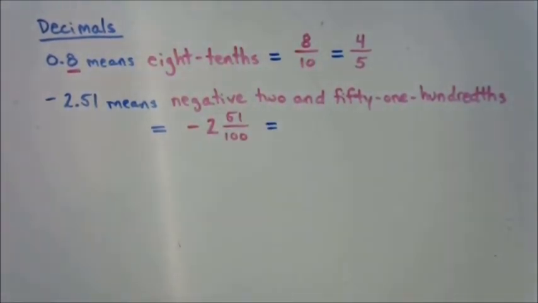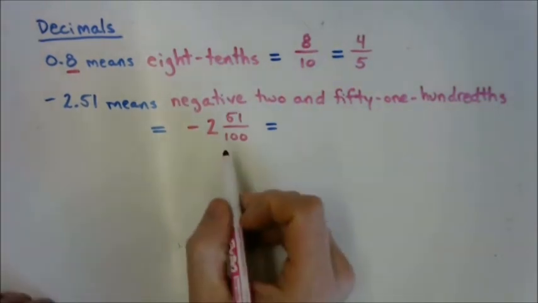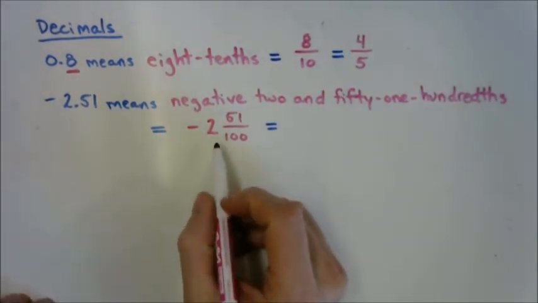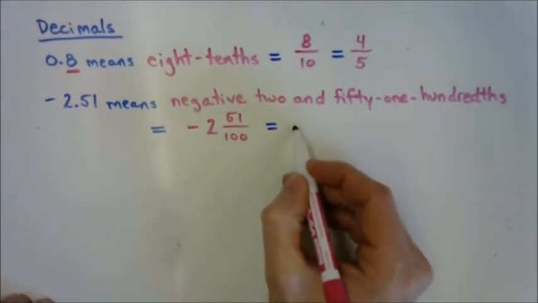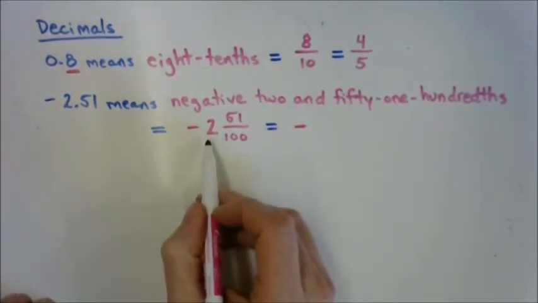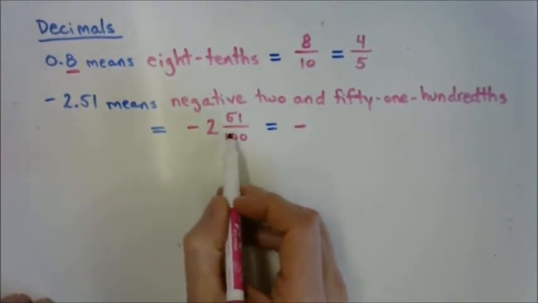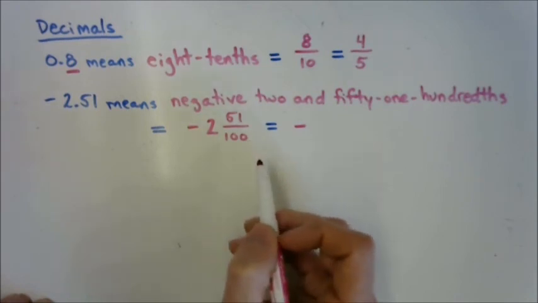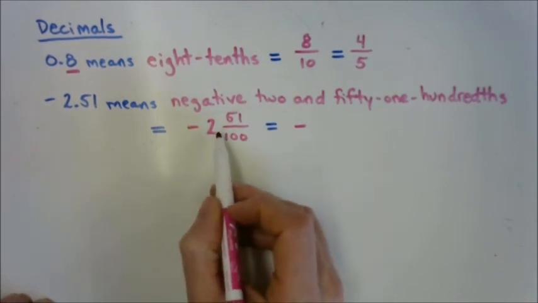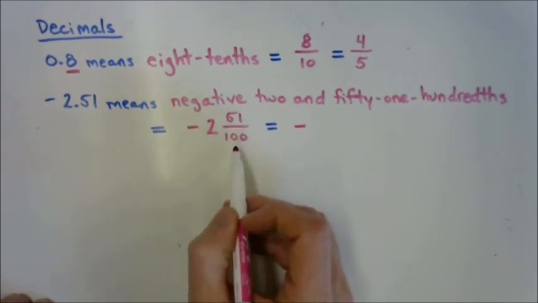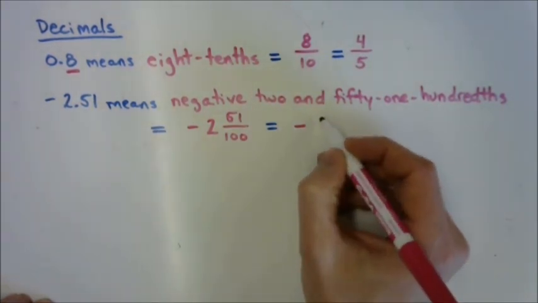Now that's still not represented as an improper fraction, and so we can find another form for this, and we can use our same strategies as we did before. We have our negative sign still, but we have 2 whole groups of 100, which is 200, and we have 51 more of those parts.